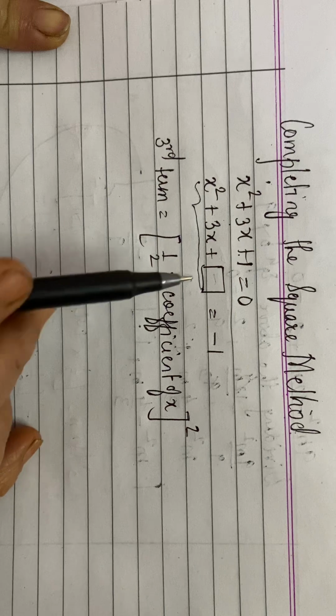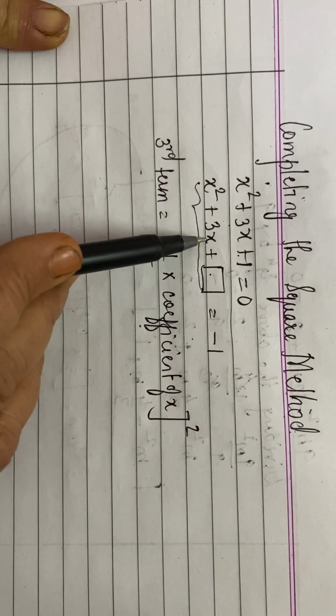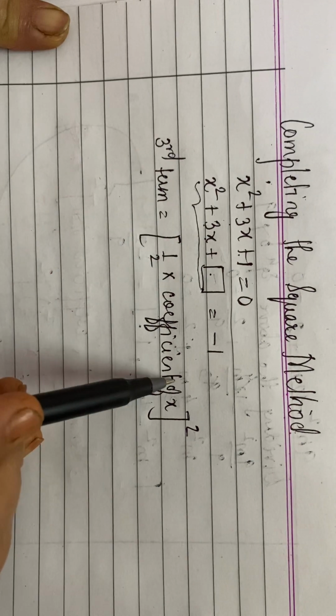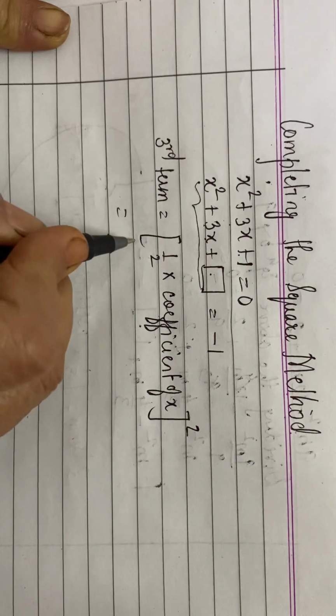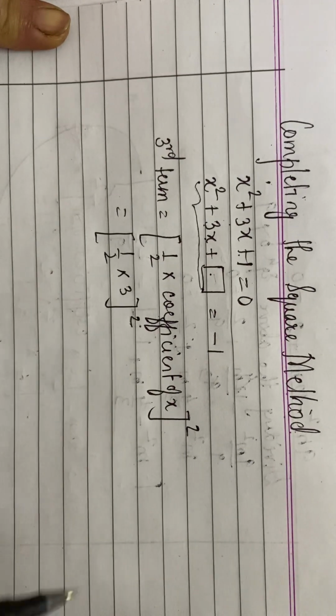What is the formula to find out the last term? Half into coefficient of x. This is x. Its coefficient is 3. So half into coefficient of x whole square. Half into 3 whole square.